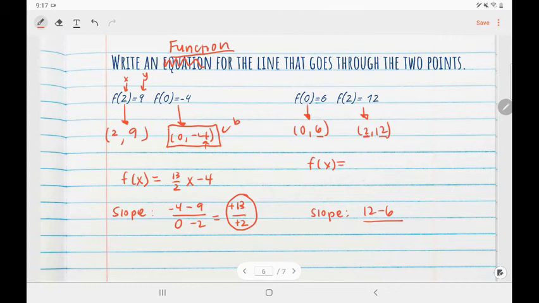Divided by second x value minus first x value. Simplify 6 over 2, which reduces and simplifies to 3. So my equation is 3x plus, well, what's my intercept? There's my 0 value, so plus 6. And that is my final function.